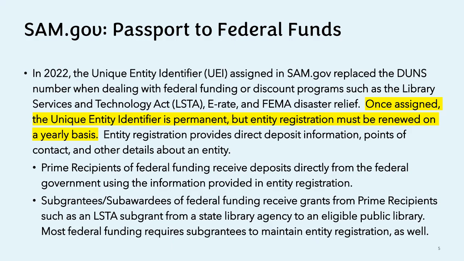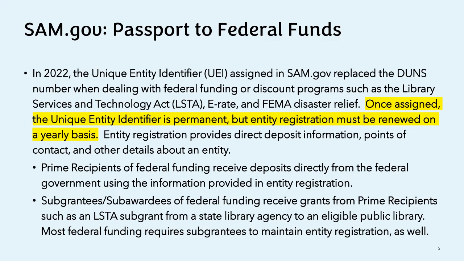So starting in 2022, the DUNS number was eliminated from the registration in SAM.gov, and any registered entities at that time automatically received a unique entity identifier. And now, for any entity that isn't already registered in the system, part of the process is obtaining a UEI before you do your registration. So the UEI is a one-time thing.